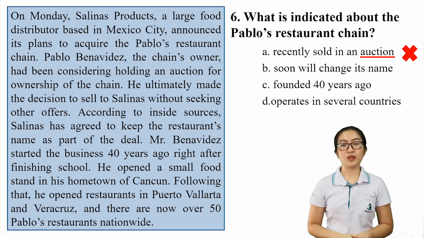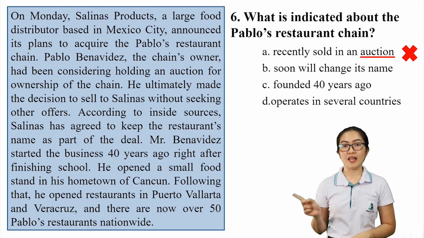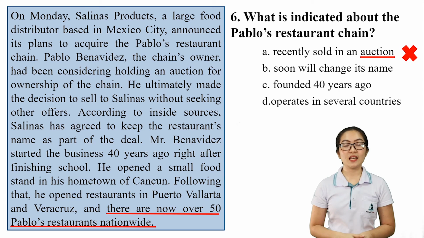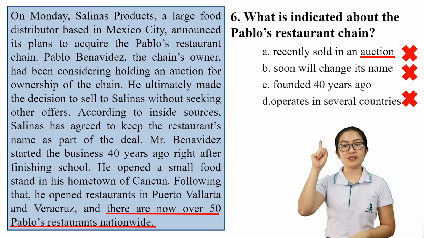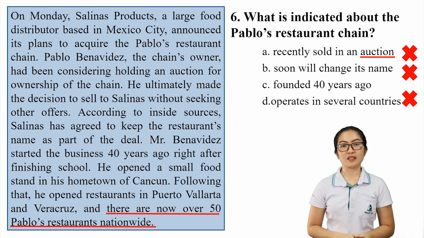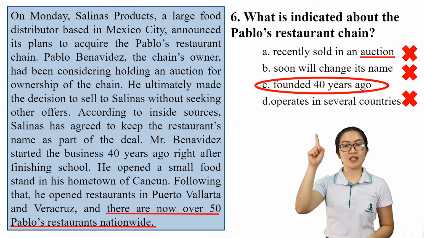According to their agreement, Salinas has agreed to keep the restaurant's name. Also, in the last sentence, we can see that the restaurant is open nationwide, meaning it's not international. So letters B and D are also incorrect. The only fact about it is letter C, founded 40 years ago.